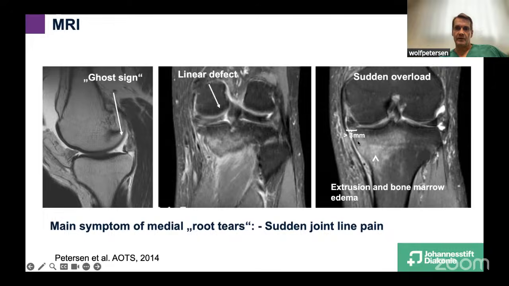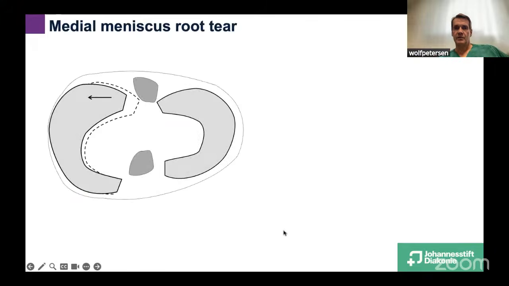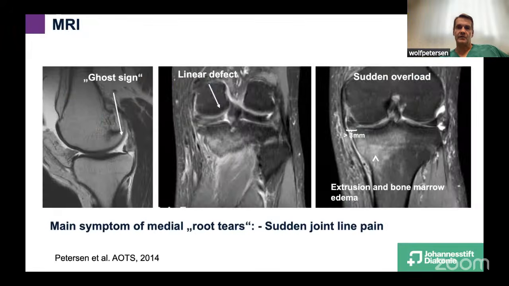Another indirect sign is the bone marrow edema, which you can see here below the medial tibial plateau. The main clinical symptom of a medial meniscus root tear is sudden joint line pain. At the lateral side, the meniscus root tears are mostly asymptomatic.